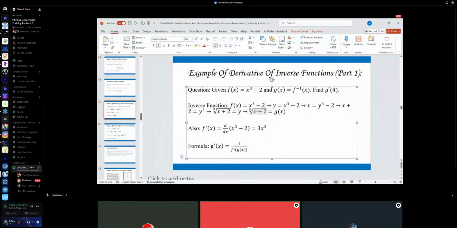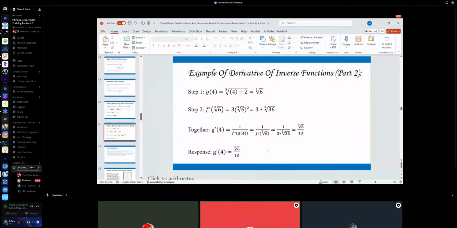To go faster, since that topic is a little bit of a review, this is our inverse function. Now part of the formula itself is to find f prime. So f prime, the 2 is a constant that goes away. Power rule for x cubed is 3x squared. Remember we need to use this formula. So first step, we need to know the inverse function g of 4, which will be put inside. We got cube root of 6.